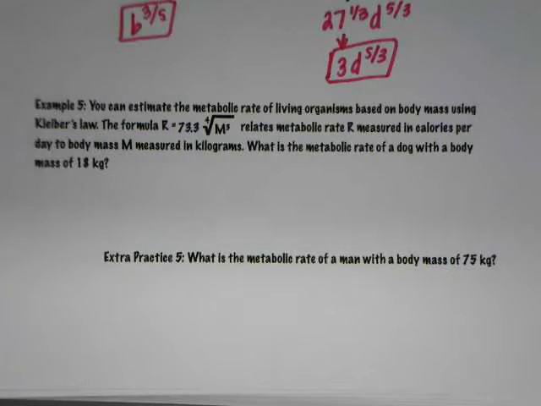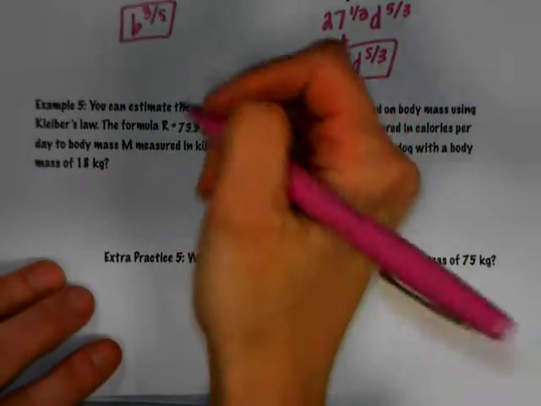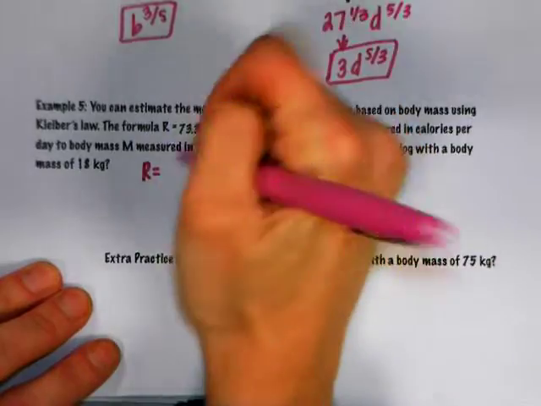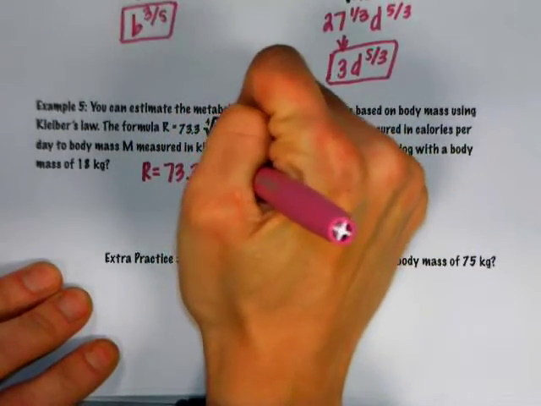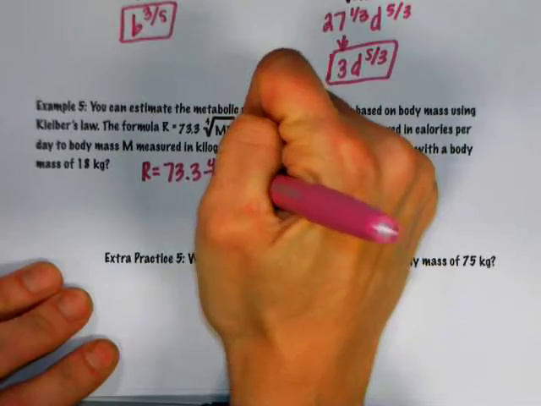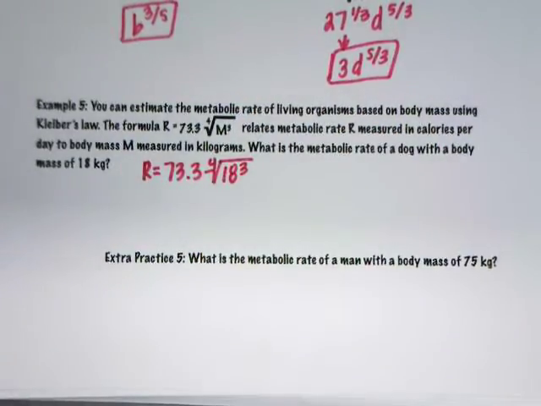Where's the 18 gonna go? Yep, so we have R equals 73.3, and then the 4th root of 18 to the 3rd.